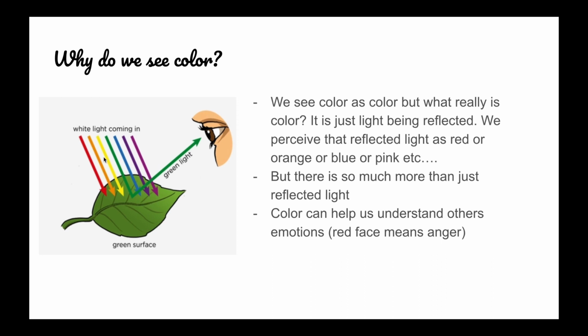So all of this white light coming in is going to be absorbed into this leaf, but the green light is going to bounce off of the leaf, and that is why we see green on this leaf. As you can see right here, I put it's light being reflected. We perceive that reflected light as red or orange or blue or pink, etc.